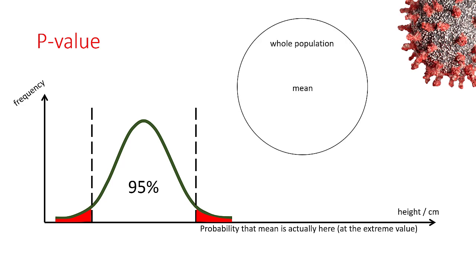So let us look at this circle. Assuming that this circle is the entire population and the mean is right in the center. And like I said, most of the time when we collect data, we only collect from a sample. It is possible that the sample that we collect, the mean is actually down here. Another person that is collecting from the same population, where the mean is down here. So there is always a possibility that the mean can be at the extreme value.